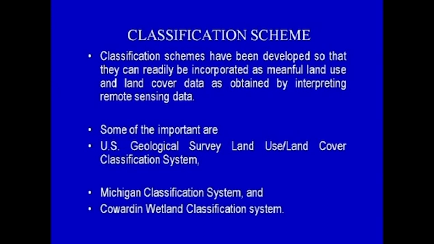The next is the Michigan classification scheme, and the third is the Cowardin wetland classification scheme. It may be noted that the last two are specific classification schemes wherein specific information has been taken into consideration.